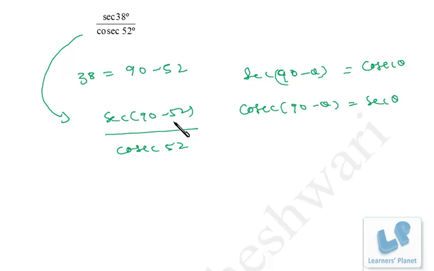Now this is sec 90 minus 52 or sec 90 minus theta. Now what is sec 90 minus theta? That is cosec theta. Here theta is 52 degree. Right? So sec 90 minus 52 will be what? Cosec 52. So this is cosec 52 by cosec 52 and that's 1. Right? I hope you are clear. Let's take one more question.